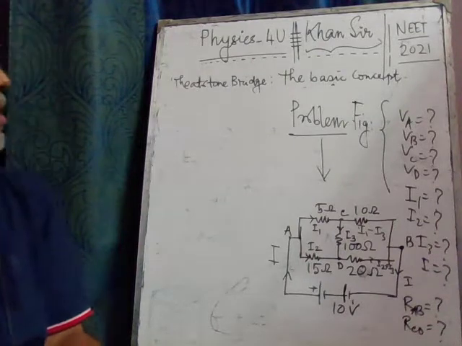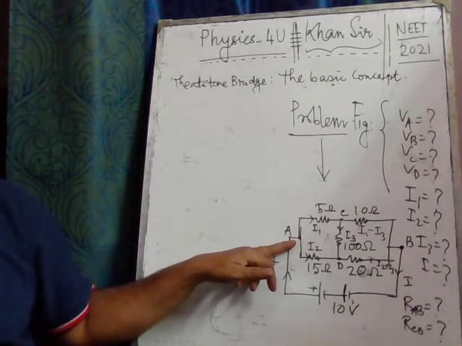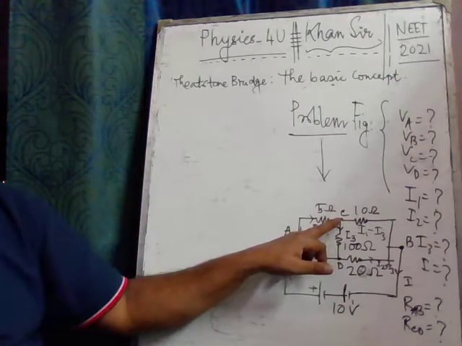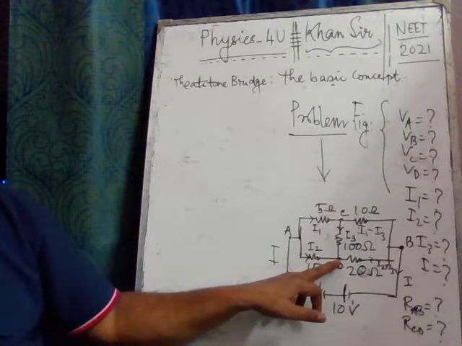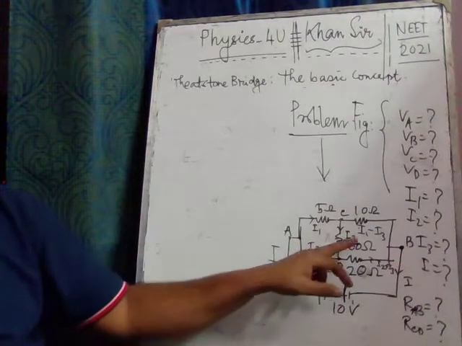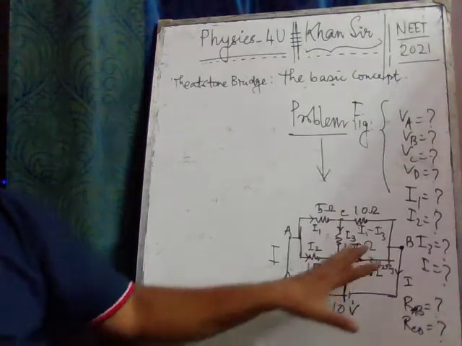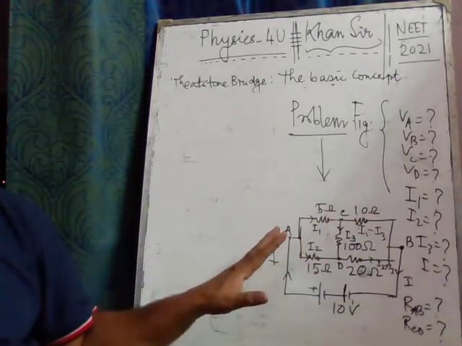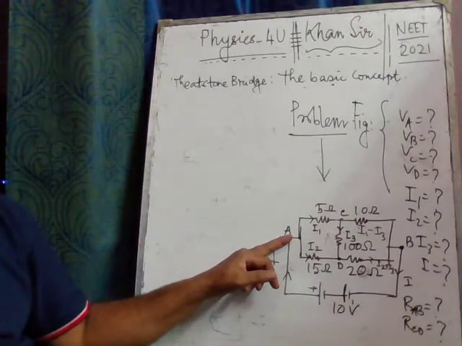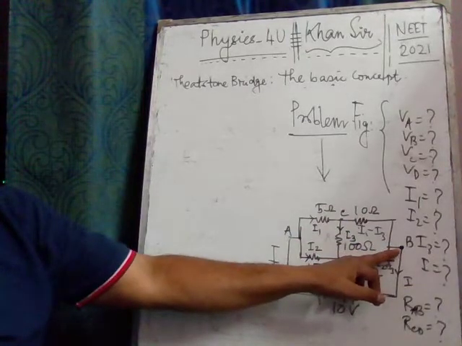Our objective is to find the potential of point A, potential of point B, potential of point C, potential of point D, current I1, current I2, current I3, and the total current I. We also want to find the effective resistance between point A and point B, right?